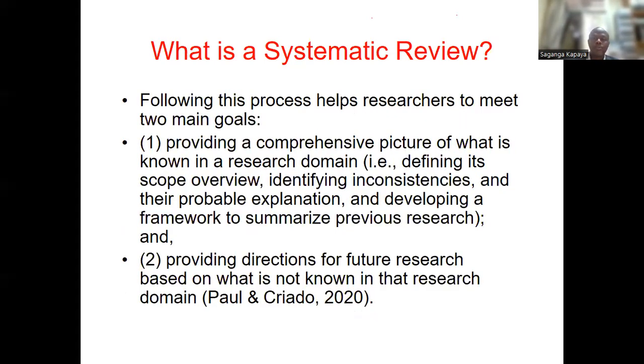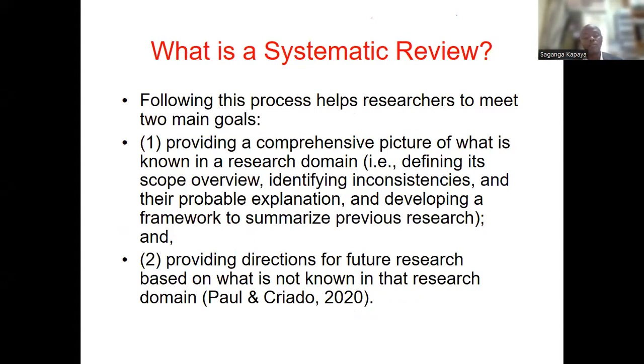Now, following this process, researchers are helped to meet several goals, mainly to one, to provide a comprehensive picture of what is known in a research domain, by defining its scope overview, identifying inconsistencies, and their probable explanation, and then developing a framework to summarize previous research.